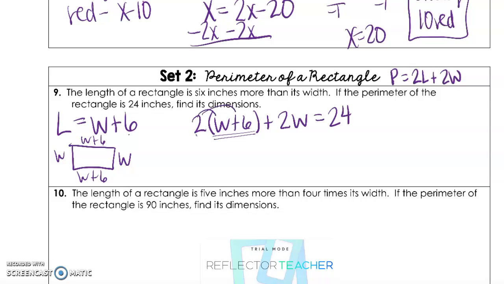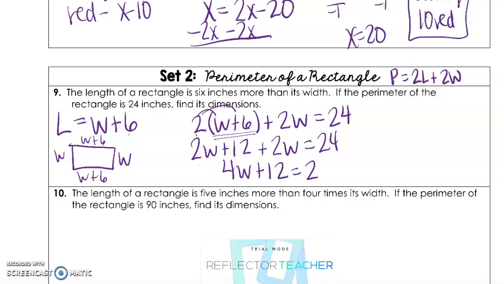So now I can distribute: 2W plus 12 plus 2W is equal to 24. Combine our like terms, 4W plus 12 is equal to 24. I'm going to rewrite that over here so I can continue solving.